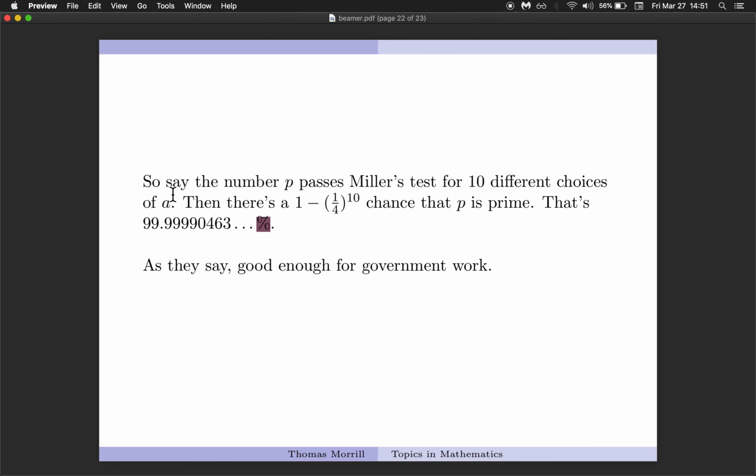That's going to be 99.99990463%. So better than 1% of 1% of 1%. And it's not definitive. I don't definitely know that this number p is prime, but good enough for government work, I'd say. Yeah, 1% of 1% of 1%. Pretty good margin of error.